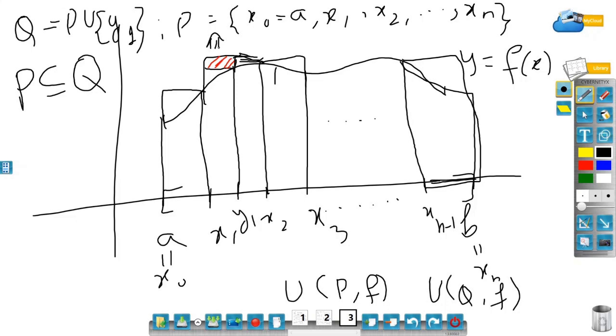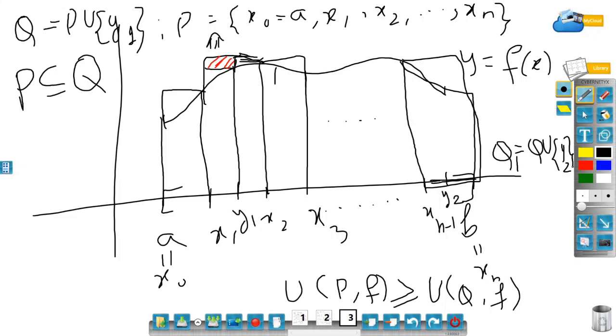So you could see that UPF is always greater than or equal to UQF. Let me add one more point. Suppose here I add y2. So let me call it Q1 is equal to Q union y2. So you can see that my Q1 has area of n plus 1 rectangles.